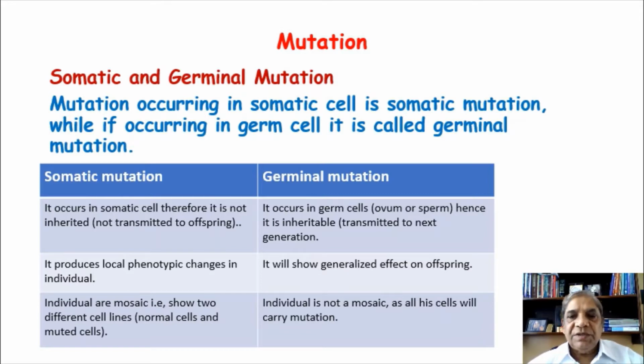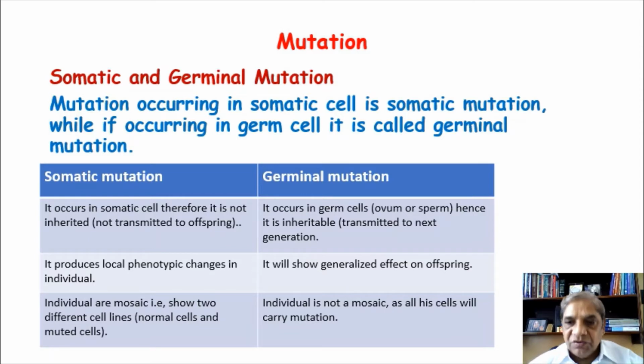Now coming to the difference between the somatic mutation and the germinal mutation. The somatic mutation occurs in a somatic cell, as I told you, and therefore it is not inherited. Because your somatic cells, say the cells of the epithelial lining of the gastrointestinal tract, which are very rapidly dividing, if something goes wrong in those cells dividing in the epithelial lining of the small intestine, it is not going to be inherited.